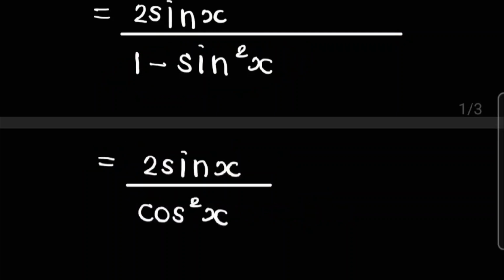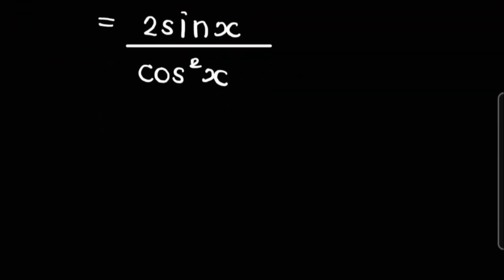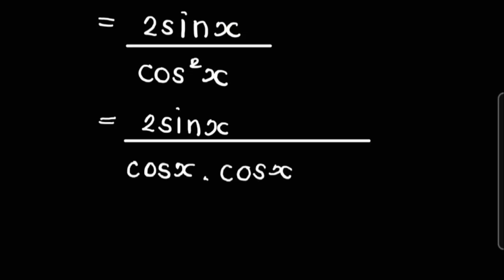So here, replacing our denominator, we have cos squared x. Now, remember that cos squared x is the same thing as cos x times cos x. And I'm just going to expand it because there's something important that we need to notice. Notice that when you expand it, within this expansion, you have sine x over cos x.